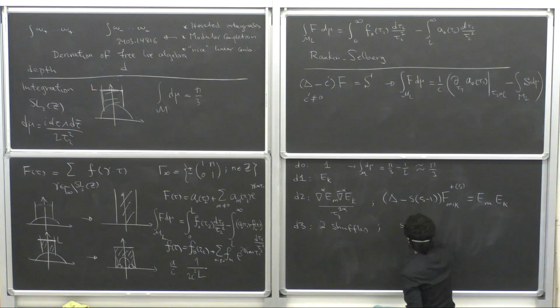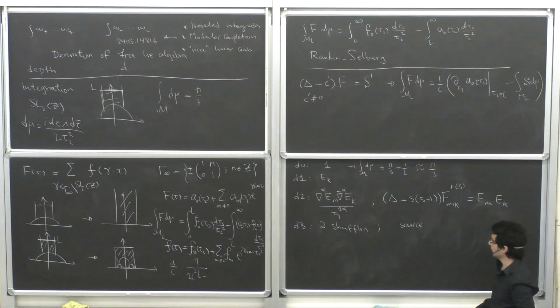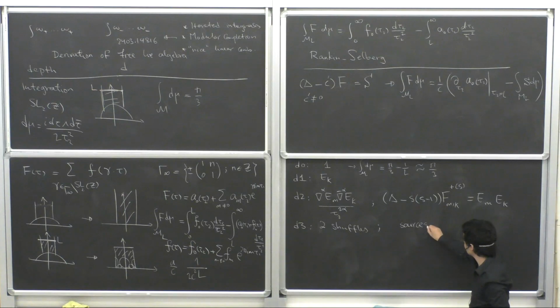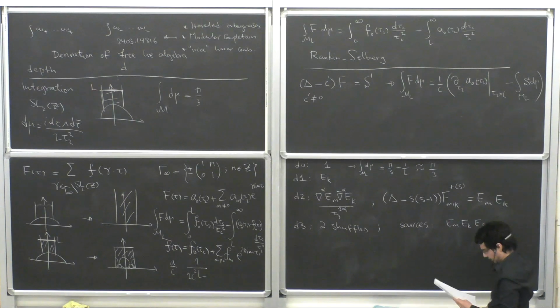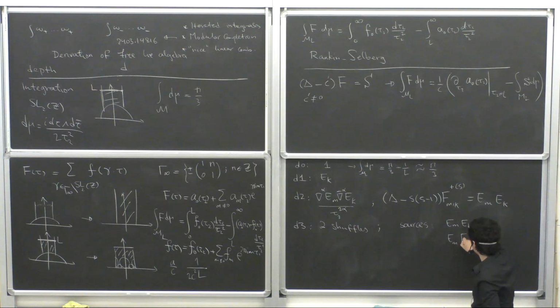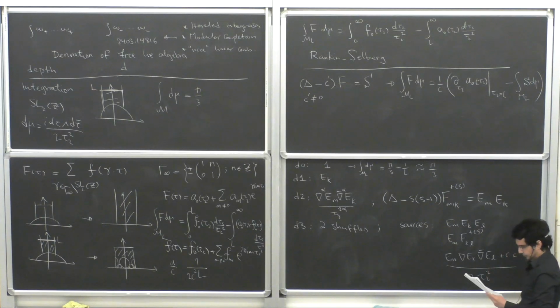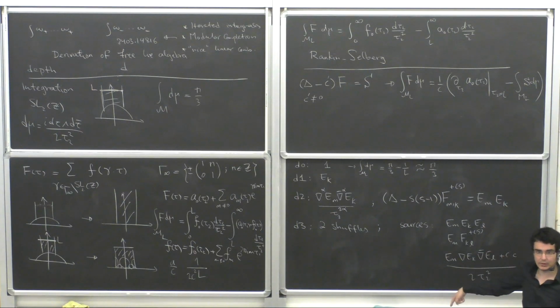So the new functions are defined by their Laplace equations, and the sources are either EM, EK, EL, or EM, F, KL plus S, or EM, EK, EL plus cc. So these are the ones that have non-vanishing integrals.